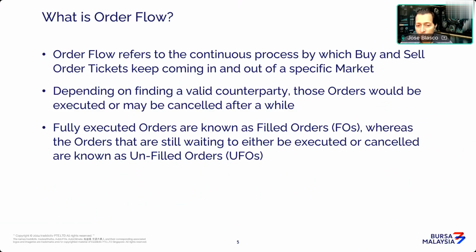Whereas the orders that are still waiting to be executed or canceled, because they may not be executed if there is no counterparty and the trader may cancel the order, those waiting orders are waiting to be filled, and therefore we call them unfilled orders, which I like to call by the acronym UFO. Okay, so we have buy UFOs and we have sell UFOs. We have buy unfilled orders and we have sell unfilled orders.